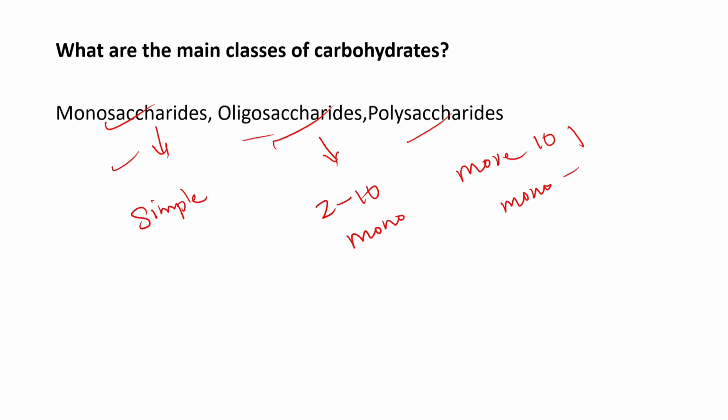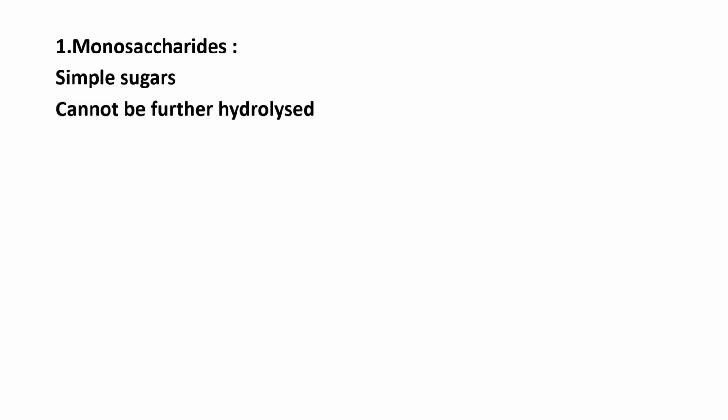Now coming to the monosaccharides, they are simple sugars and they cannot be further hydrolyzed because they are simple, and they are reducing sugars. Reducing sugar means they contain a free aldehyde or keto group.